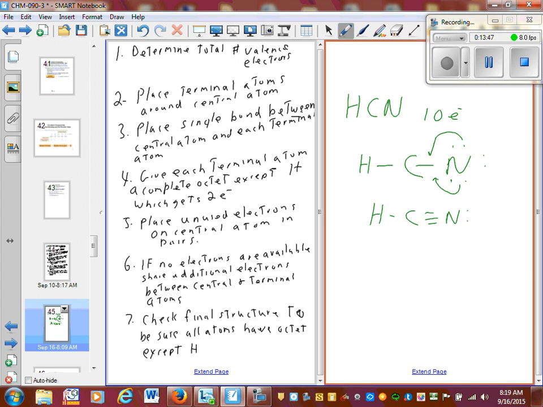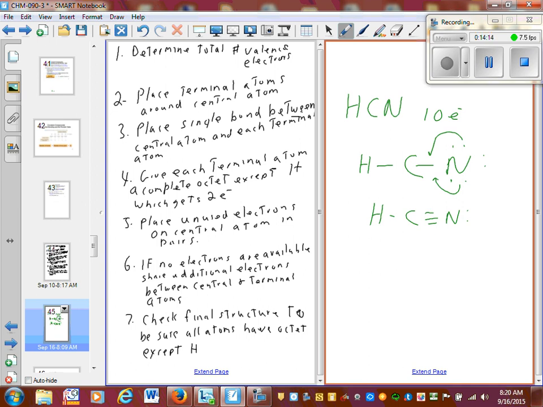Octet rule. Everything has to have 8. All right, so you follow those procedures. You start with single bonds, then you give the outside terminal atoms complete octets. So nitrogen gets an octet, make it 8. Hydrogen only needs 2. That's the exception. We're done there. Well, then carbon only has 4.